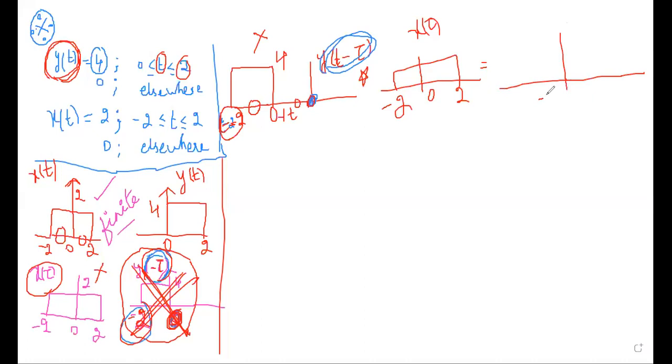My x of t is over here, minus 2, 0, 2. So my output is here. When I convolve, I will write my y of t minus tau in this position. So you are going to tell me why like this. T minus 2 and 0 plus t. So when I combine it, I will get the graph like this.